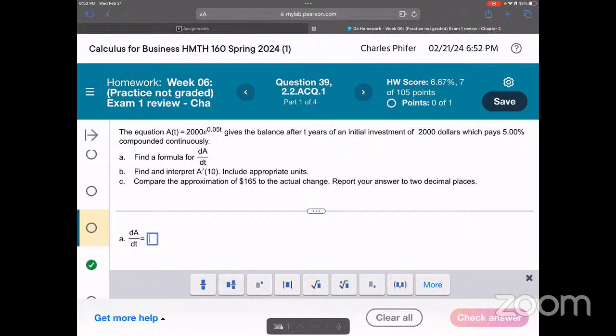So that's going to be 2000 e to the power of 0.05t, times the derivative of the power, which is just going to be 0.05. And then 0.05 times 2000.